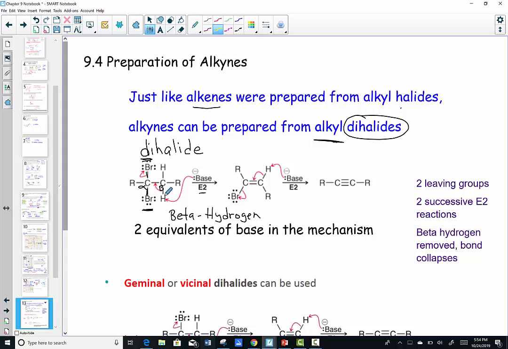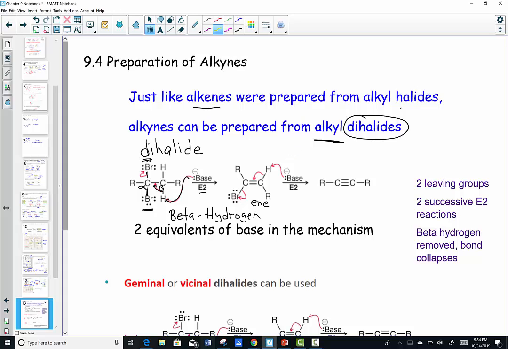Here is the beta. The beta carbon has 2 hydrogens. The base is going to abstract, pluck off the proton from the beta carbon, and this bond collapses. Notice at this point, the removal of 1 halogen creates an ene. The alkene has formed.